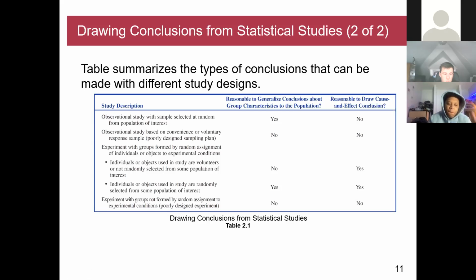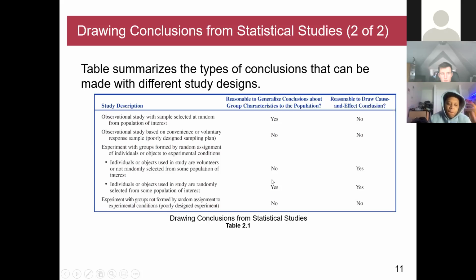So there's one thing that you have to remember: with an experiment, you must have random assignment of treatments to individuals or objects to even have a chance at drawing a cause and effect conclusion. We're assuming that here. So we notice here that the answer is yes to the third column for both of those cases under random assignment for experiments.